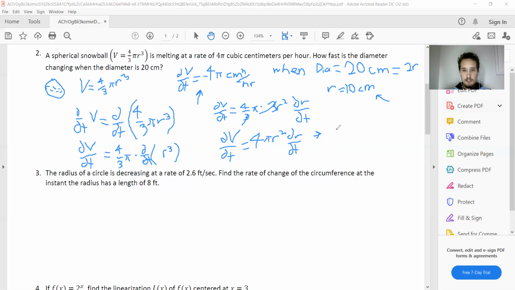dV/dt, negative 4 pi centimeters cubed per hour. Just make sure I'm doing this right. Equals 4 pi r, well, actually, I need to plug in for r.